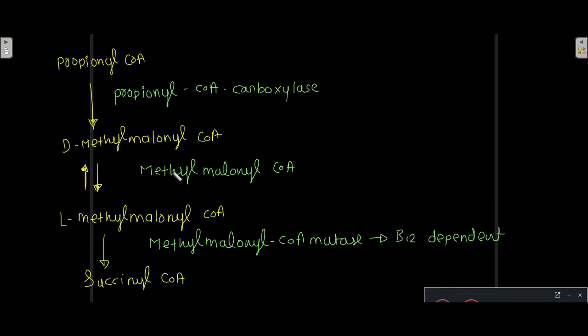Now this D-methylmalonyl coenzyme A, which is produced here, is enzymatically epimerized into the L stereoisomer.